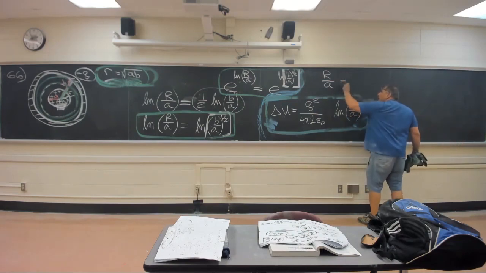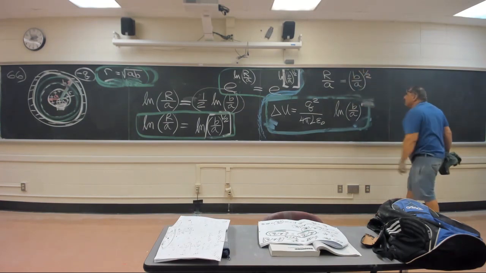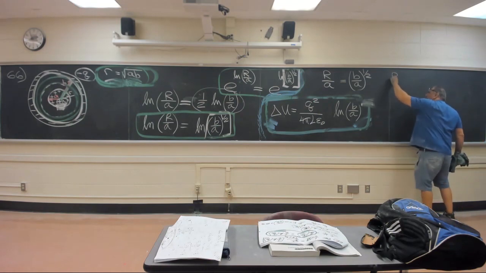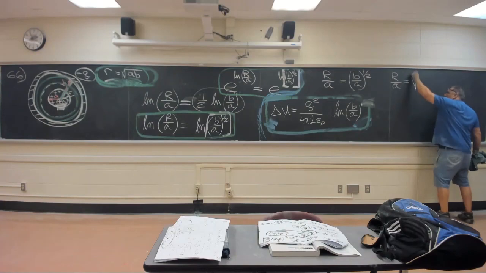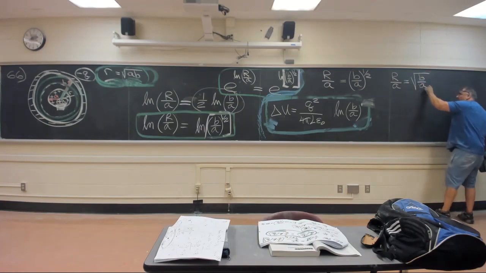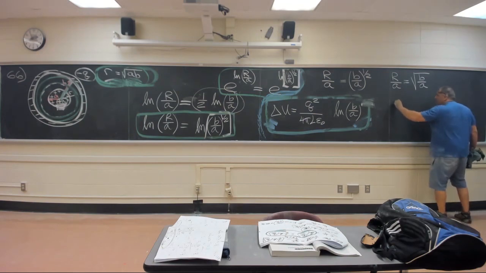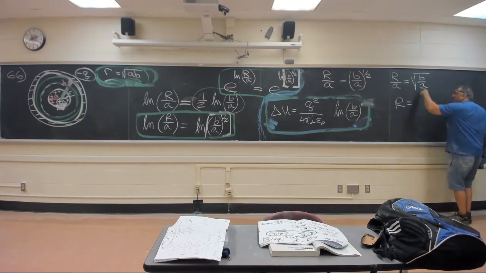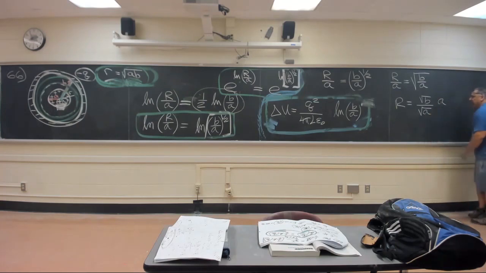This right here gives you B over A to the 1/2. What does that mean? R over A equals the square root of B over A. That's the whole thing to the 1/2. Multiplied by A on each side. The square root of a ratio is the ratio of the roots, multiplied by A on each side.